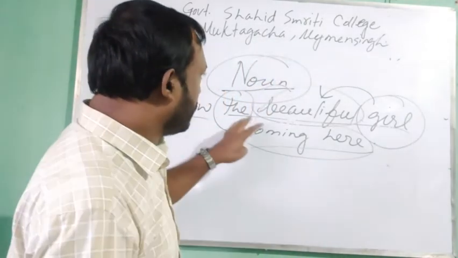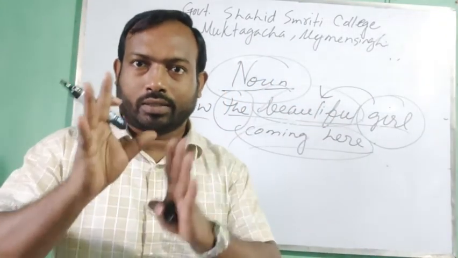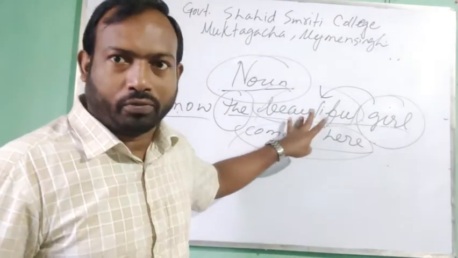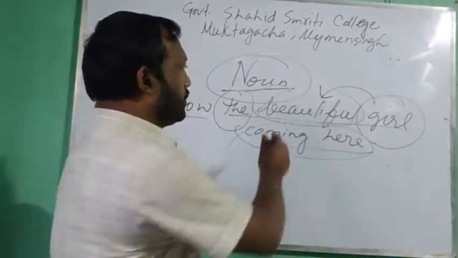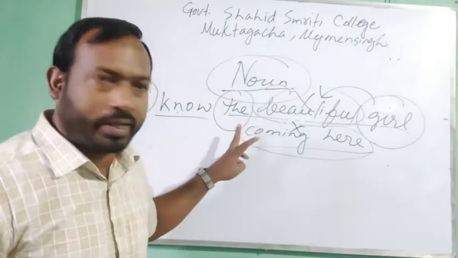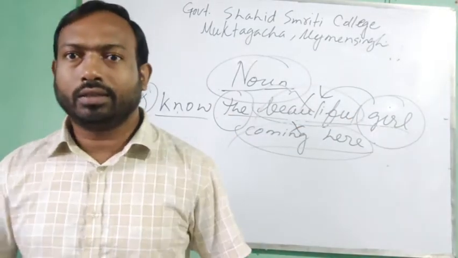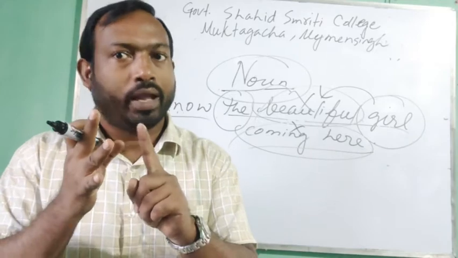So if it is "the girl", just suppose there is no "beautiful" and no "coming here". We cross these out. So what remains? The girl. This is also a noun phrase. So there are 2 components, determiner and head word.